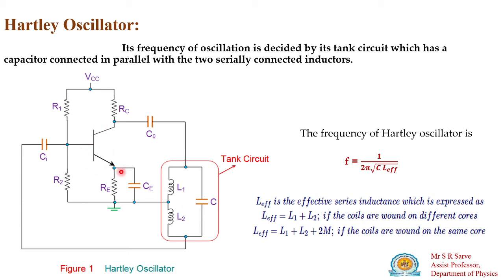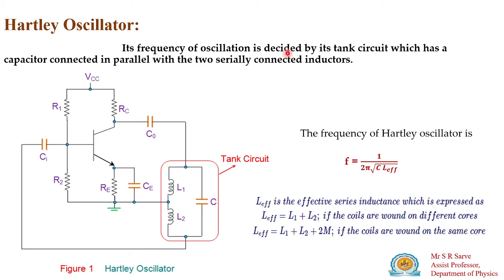The output from this amplifier is given to this tank circuit, and the output obtained from the feedback is given as the input to the amplifier. So this is the amplifier, and this is your feedback network. This feedback is obtained from L1, L2 and C, where L1 is the first inductor, L2 is the second inductor, and C is the capacitor.